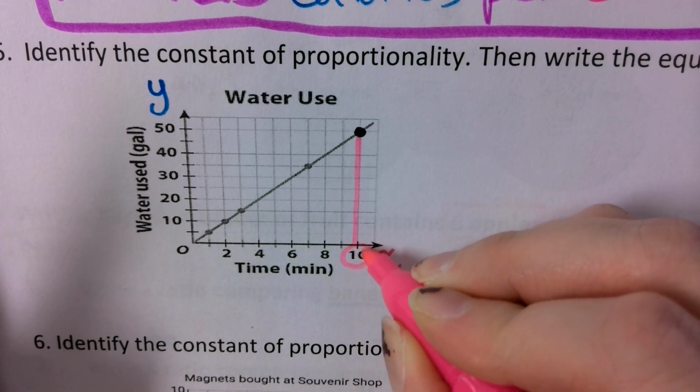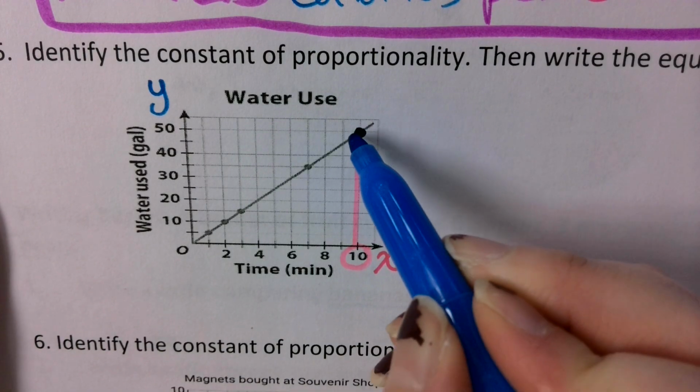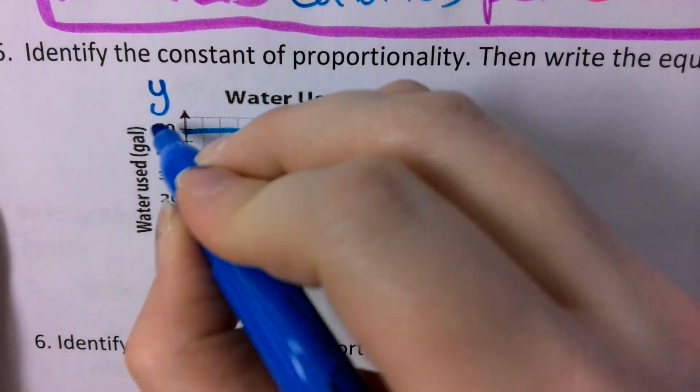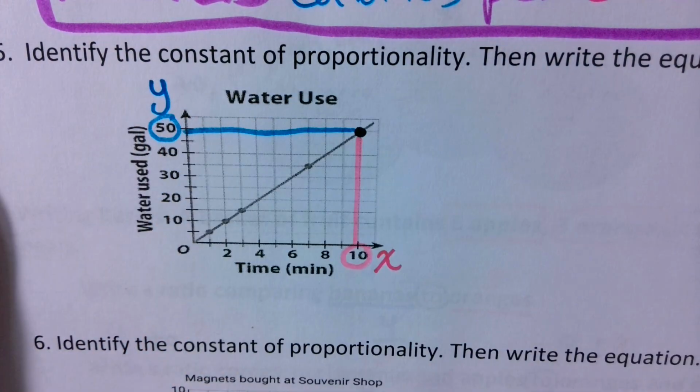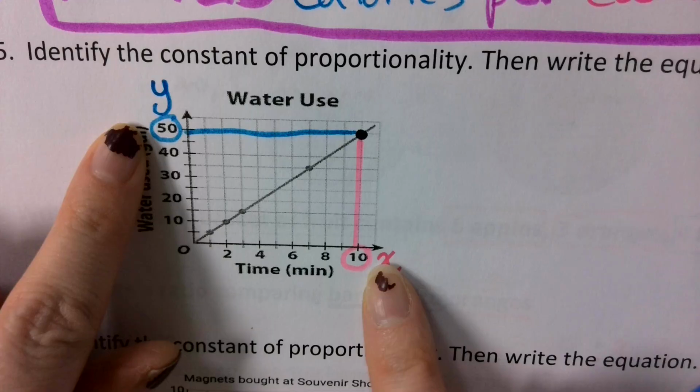My x is a value of 10. What's the value of y going to be? 50. Good. If I follow it all the way to the side till I get to the y-axis, it's at 50. So I know what my value of y and x are going to be.